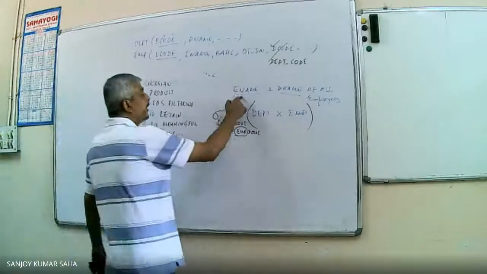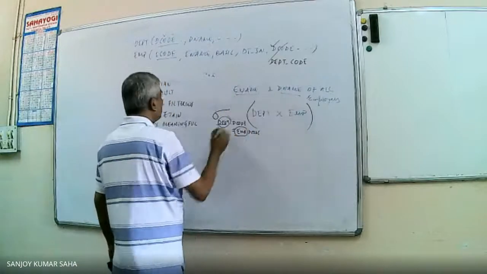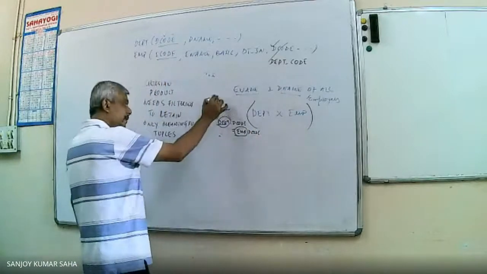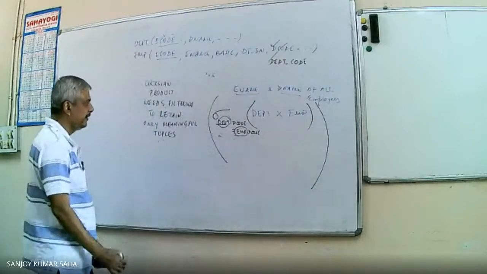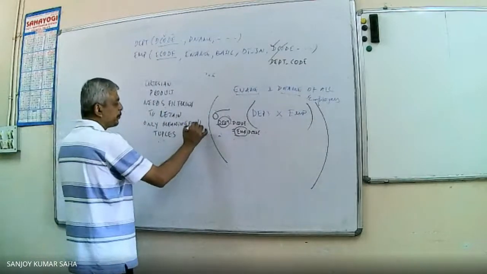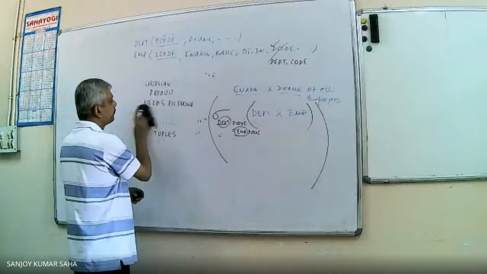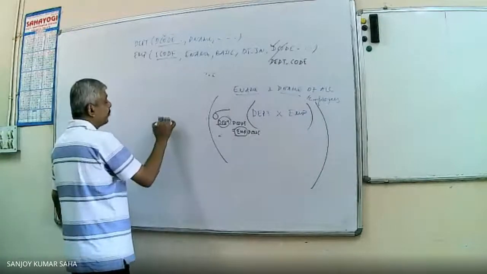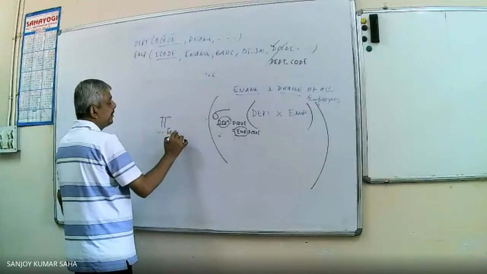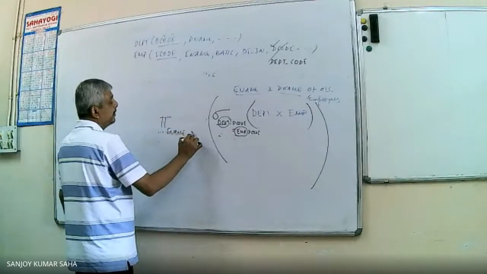Now we require only employee name and department name. So again, see, we are cascading so many operations. Finally, we will be taking the projection. We require ename and dename.